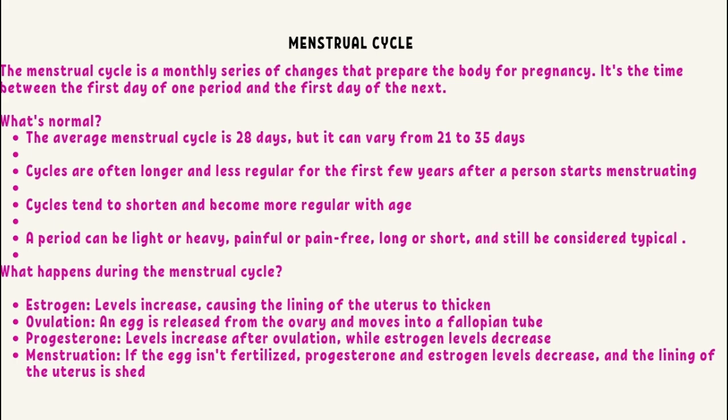Cycles are often longer and less regular for the first few years after a person starts menstruating. Cycles tend to shorten and become more regular with age, and they can be light or heavy, painful or pain-free, long or short, and still be considered typical.